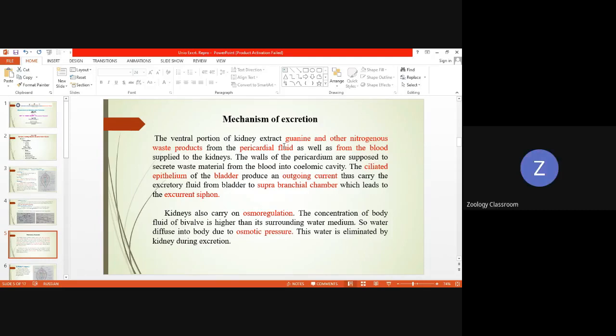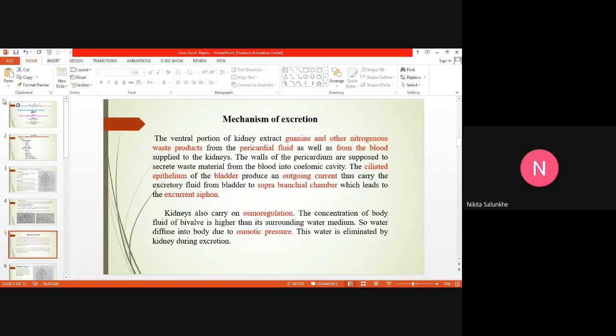So what is the tendency of water, where is it flowing: from the body to the surrounding medium, or from the surrounding medium to the body? From the body to the surrounding medium. No, exactly the opposite you have told.